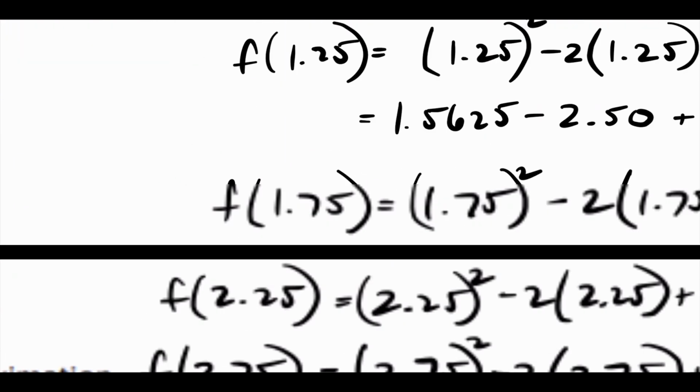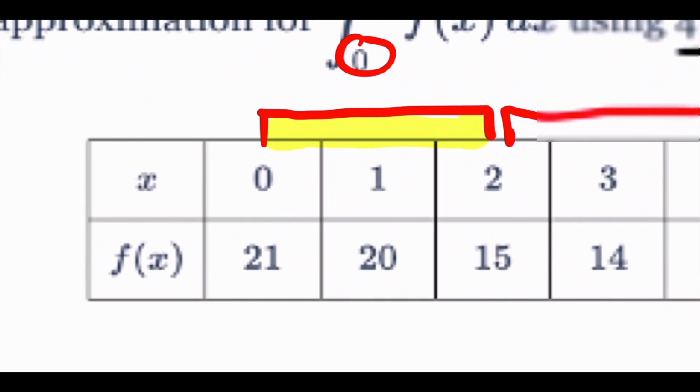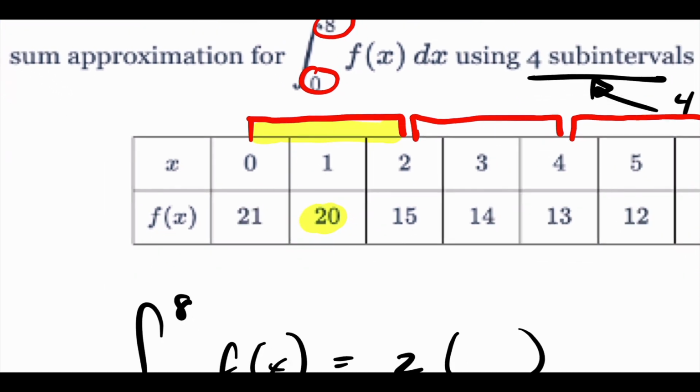So let's go back to this rectangle. The first rectangle goes from 0 to 2. What's the midpoint of that? 1. How tall is 1? 20. So that's going to determine the height for this one, 20, because 1 is the midpoint.